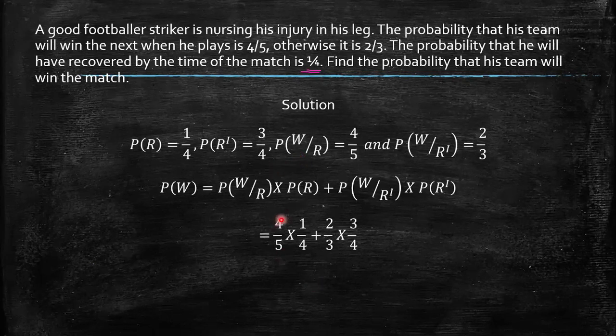So we get 4 out of 5 times a quarter plus 2 out of 3 times 3 out of 4. When we substitute, we still get 4 out of 20 plus 6 out of 12, which still gives us 7 out of 10. So it would still be the same.